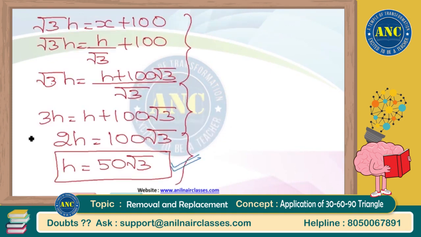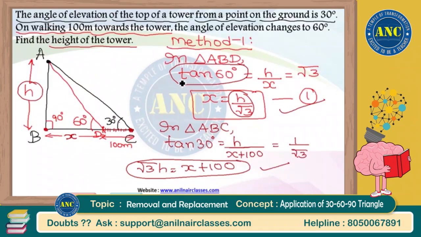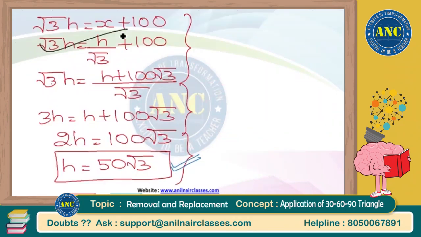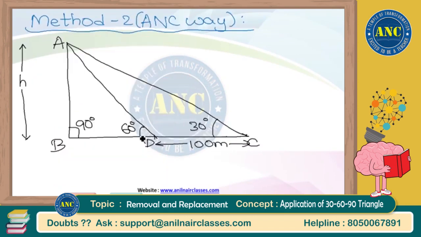Now see here, sir. No need of using any of these trigonometric ratios two times and then creating 2 equations, solving those 2 equations, shifting here and there, taking LCM, cross multiplying. Nothing is required, sir. Simple common sense should give the answer so fast for you. If I take the smaller triangle ABD, this is 90, this is 60. So this should be 30 degrees.